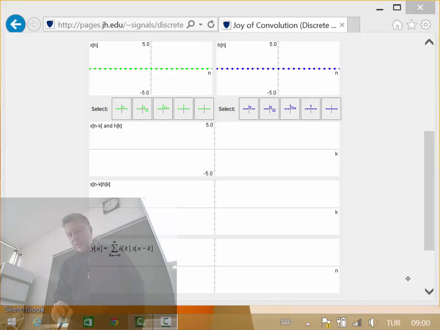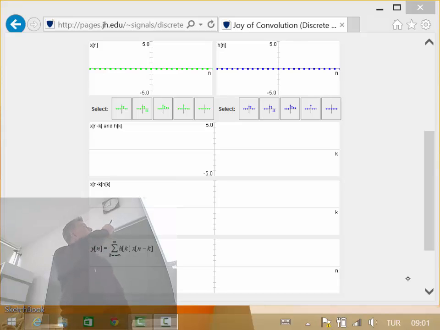On the web page, pages.jh.edu/signals, if you go to signals, you will see a lot of signal processing applets there, which are all very useful. This is the discrete time convolution applet.